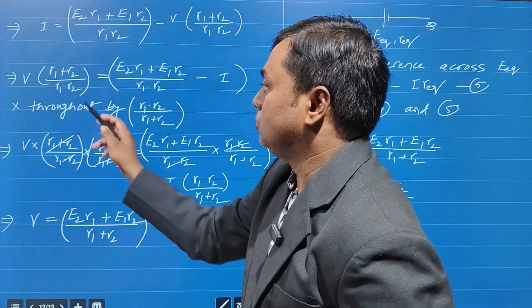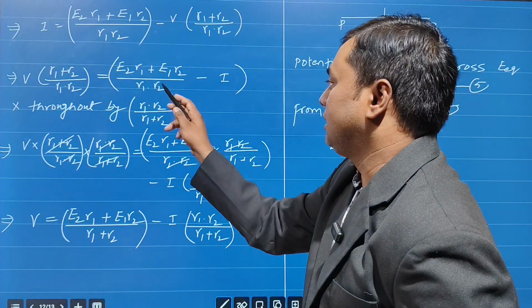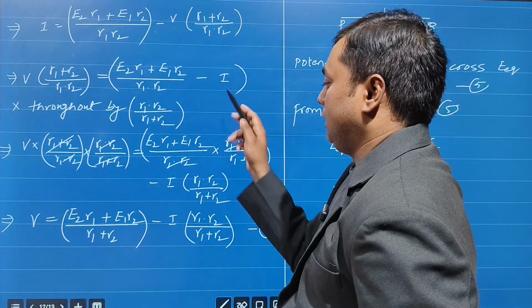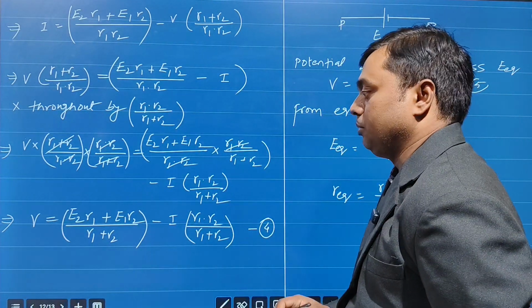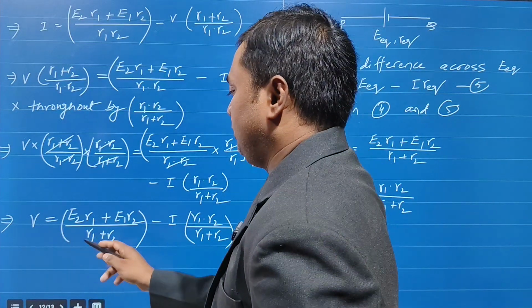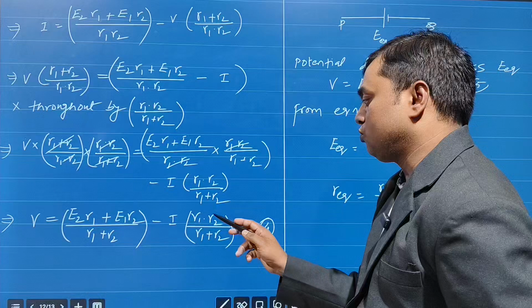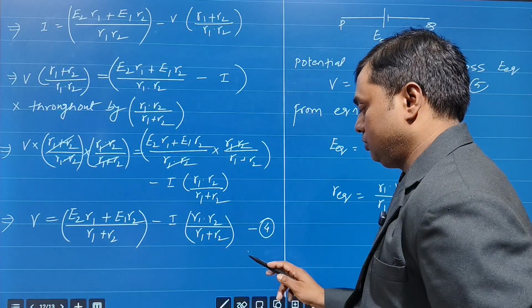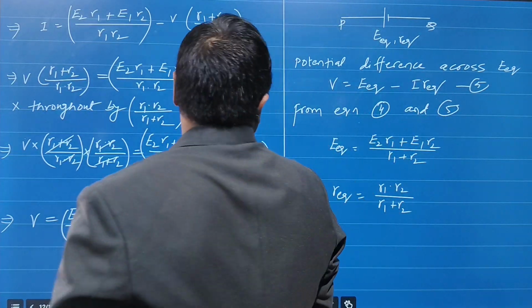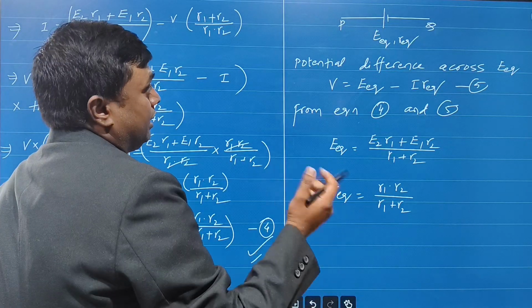This gets cancelled, and R1 R2 by R1 plus R2 remains. So what we are finally getting is V is equal to E2 R1 plus E1 R2 by R1 plus R2 minus I times of R1 R2 by R1 plus R2.